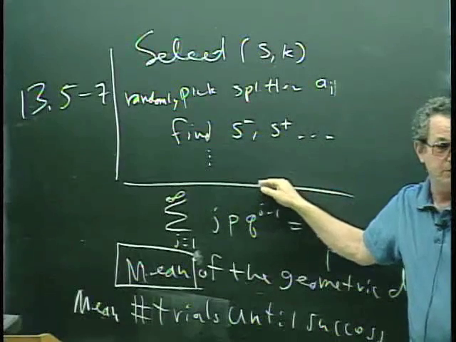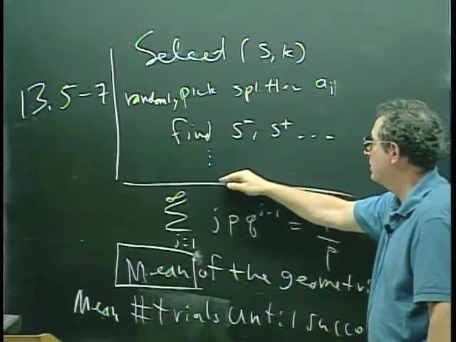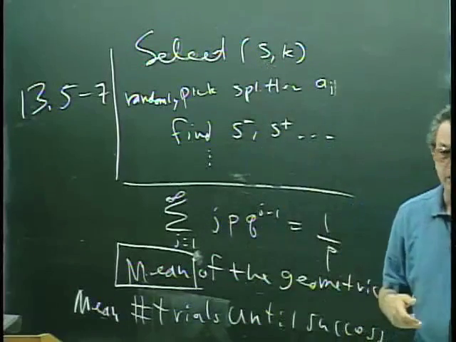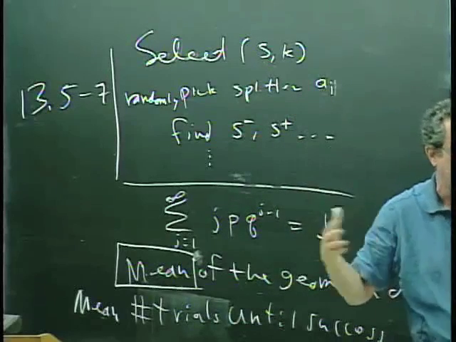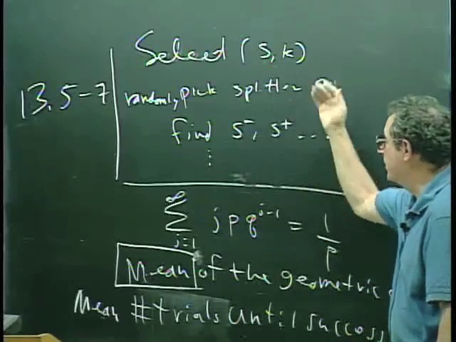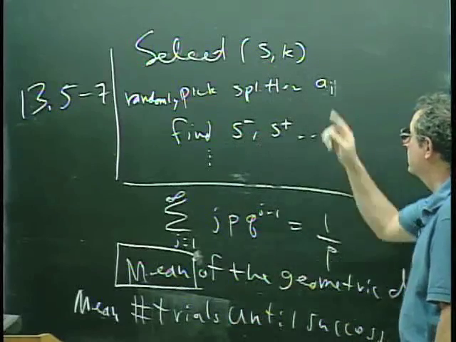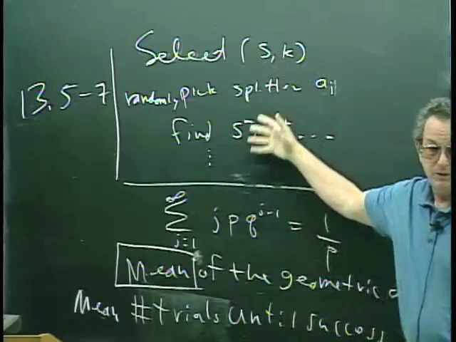We had two possible recursive calls. What you're calling on is a set that's getting smaller because you either got rid of only AI, the splitter, or you actually got rid of some other elements. You may be getting rid of more than a single element each time. And so S is getting smaller at each recursive call.